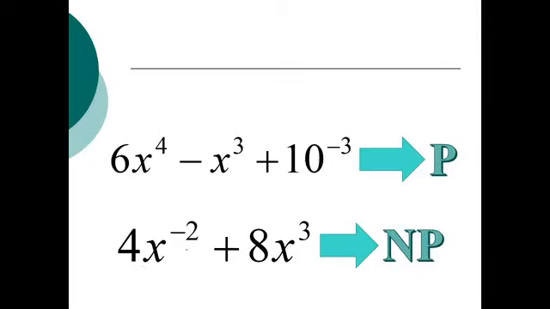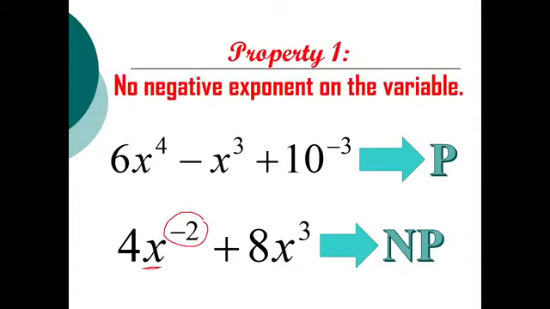Because there is a negative exponent on the variable. The first property is no negative exponent on the variable. Why is it that the first example is a polynomial? Since there is a negative 3 there, take note.